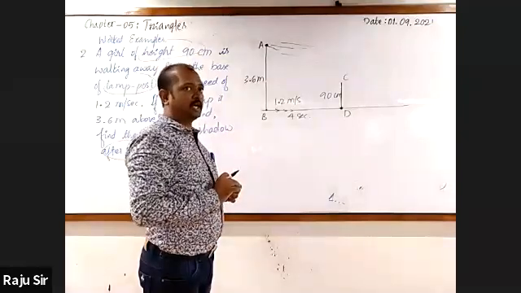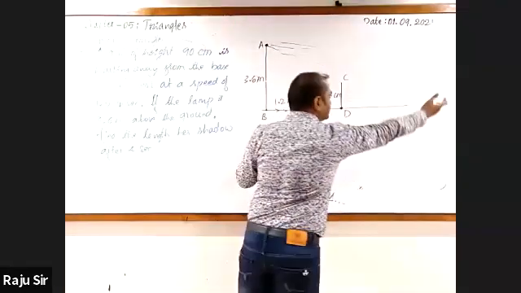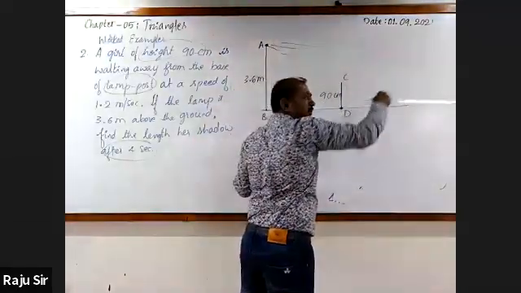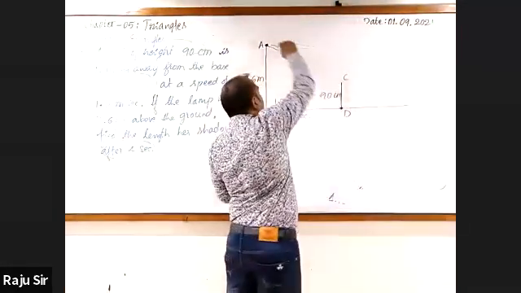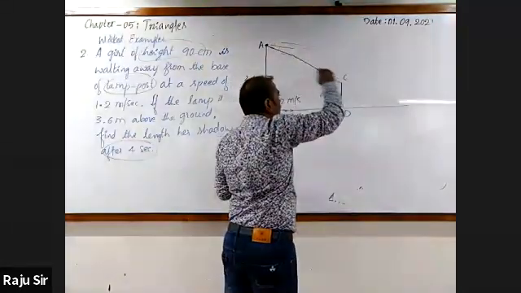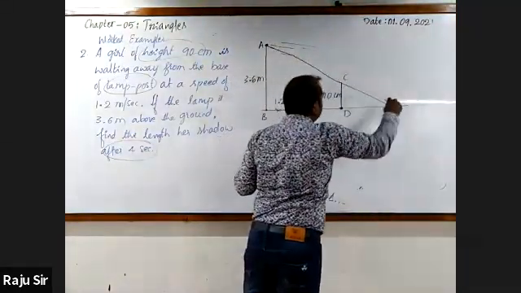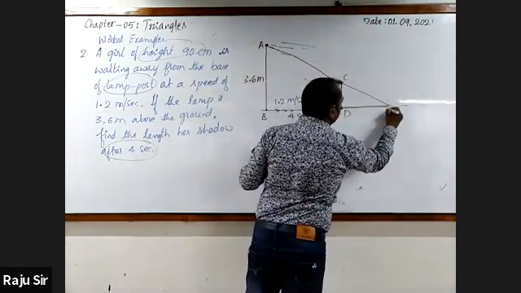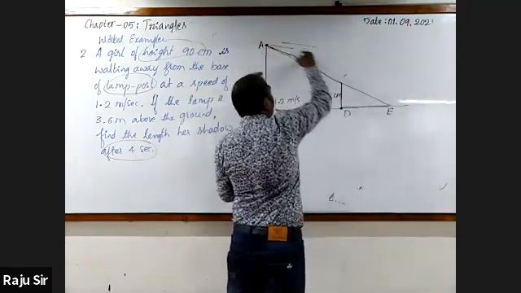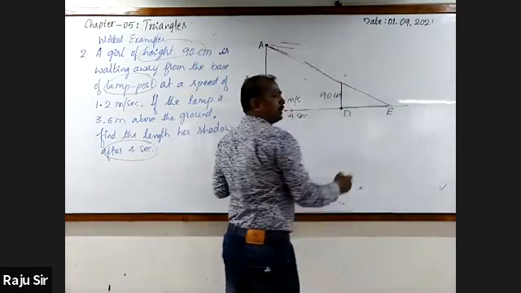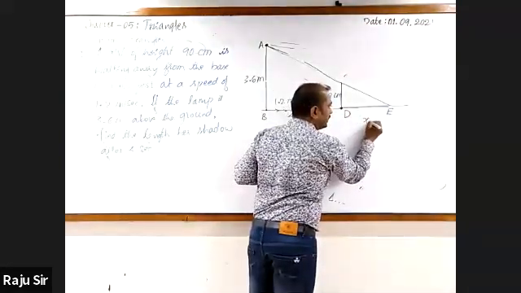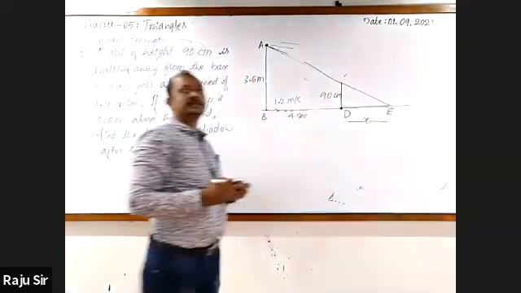Is the shadow formed on the right side or the left side? On the right side, because it is formed in the direction of light. The light falls on her and her shadow is formed. This is the length of the shadow. I call it E. You are going to find the length of the shadow. That is D. I call it X centimeter.